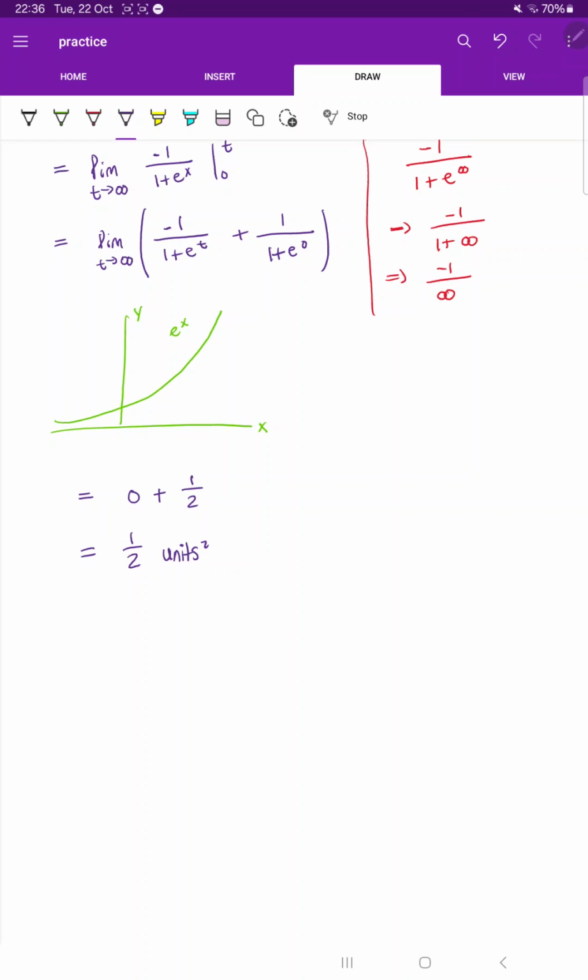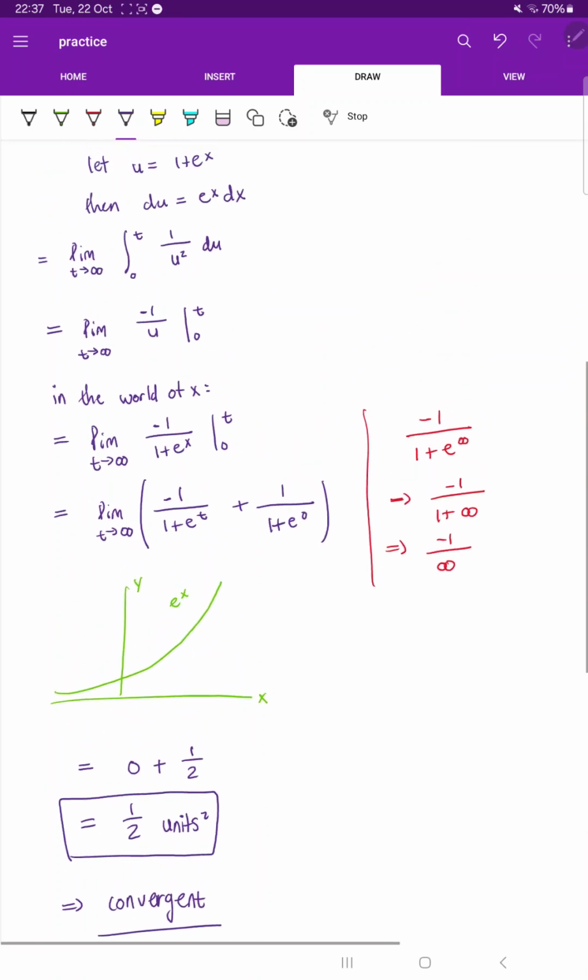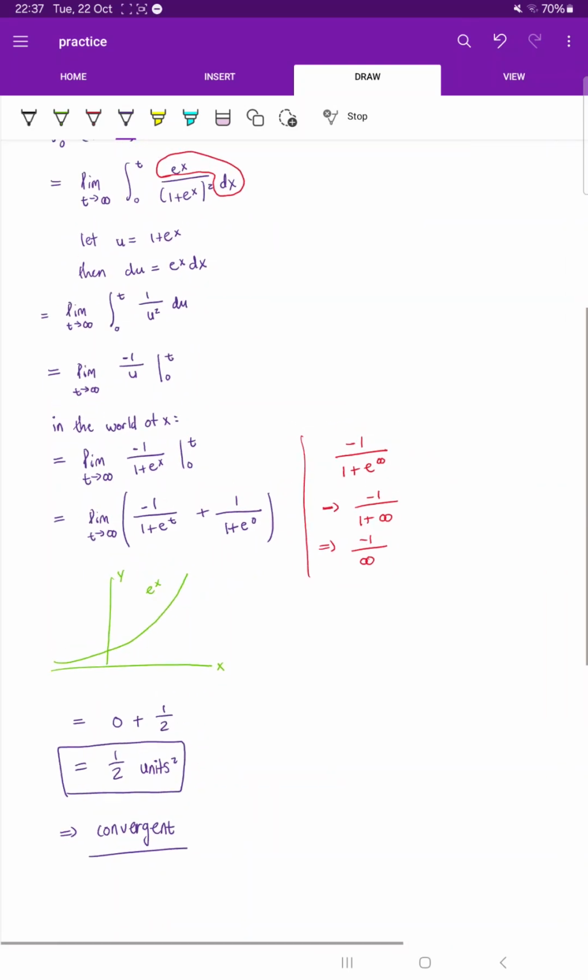And finally, because this integral is type 1, so it's an integral that involves infinity, and also it does actually evaluate to a number, then we can conclude that this integral is convergent, and we are done. And this is the entire solution.